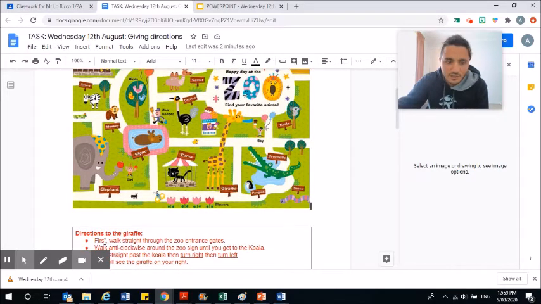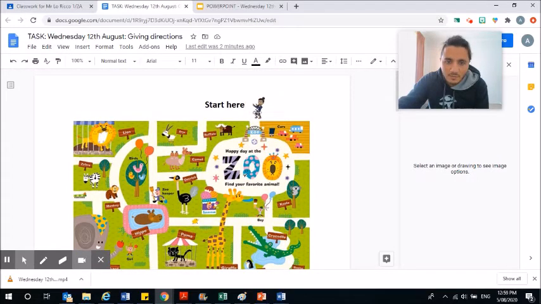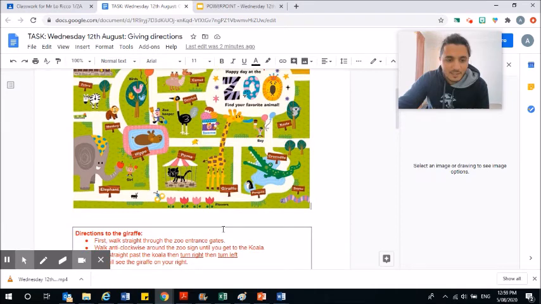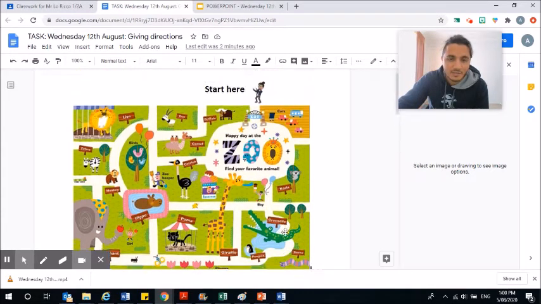It says first, walk straight through the zoo entrance gates. So I'm going to be walking straight. Remember which way I'm facing. For me, where I am, I'm going to be walking straight. The next step said walk anti-clockwise around the zoo sign until you get to the koala.